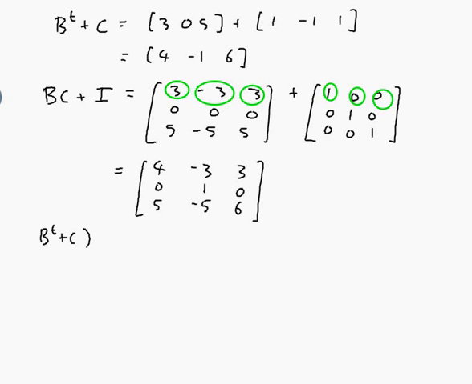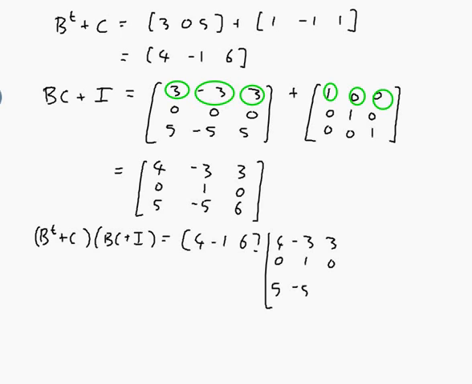B transpose plus C times BC plus I is equal to 4, minus 1, 6 times 4, minus 3, 3, 0, 1, 0, 5, minus 5, 6. And the answer is going to be 1 by 3.